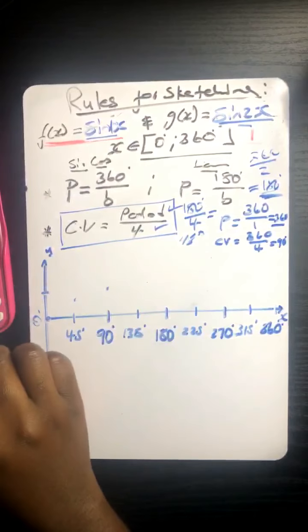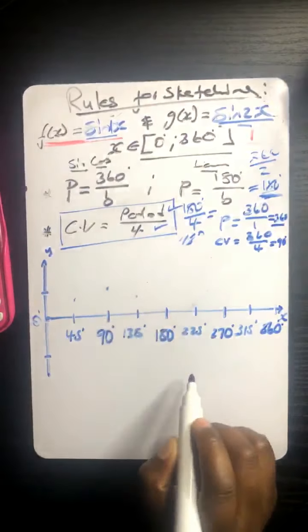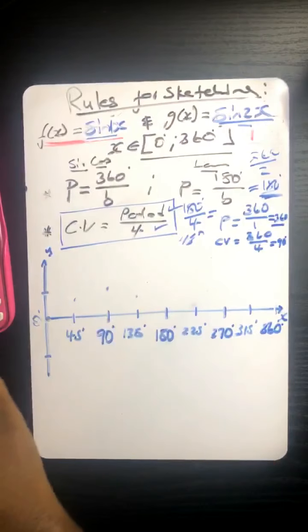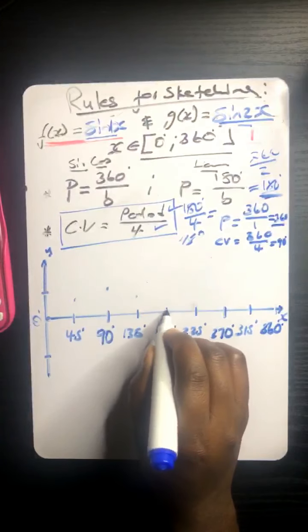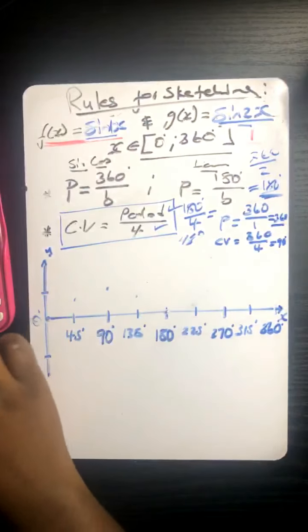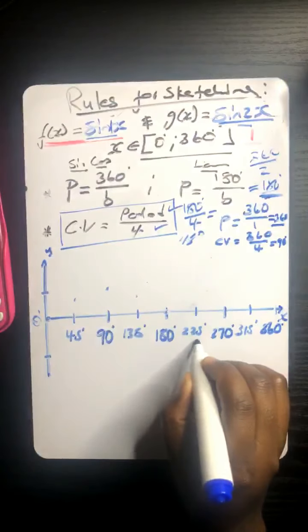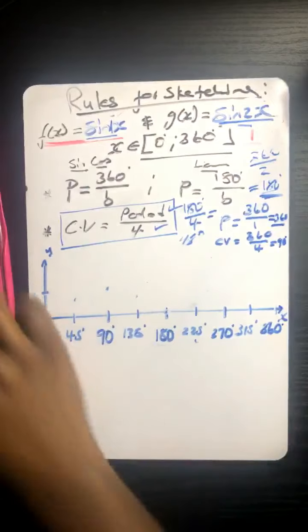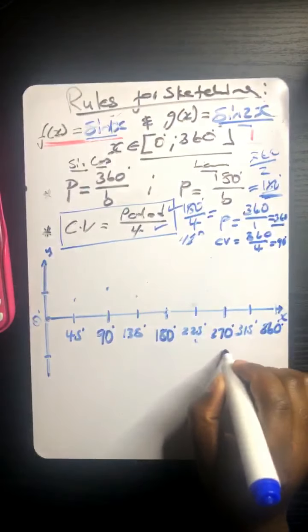Then you go to 135. 135 is still the same, 0.7 as a decimal, and then you go to 180, it's 0 there, and then you go to 225. You are getting negative 0.7 somewhere there. You go to 270, I'm getting negative 1, which I can make a point there.